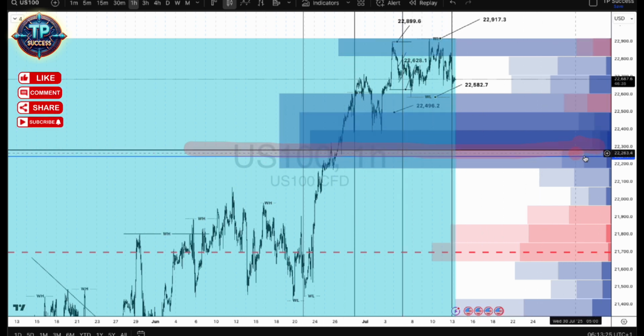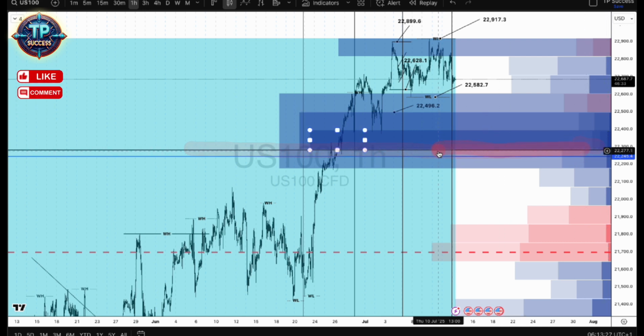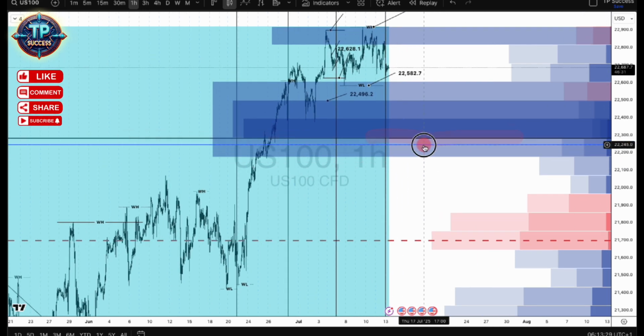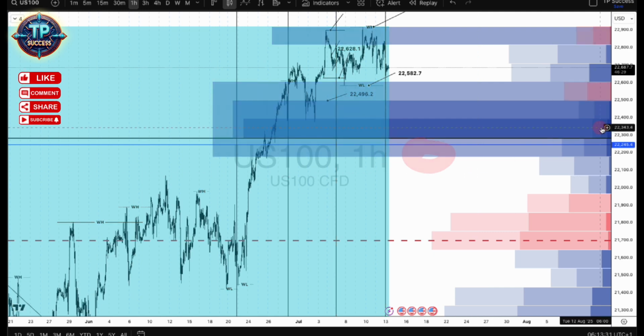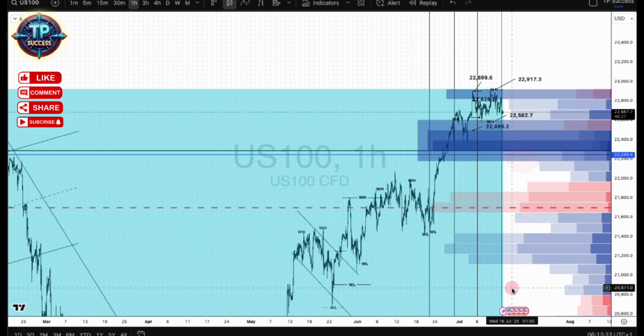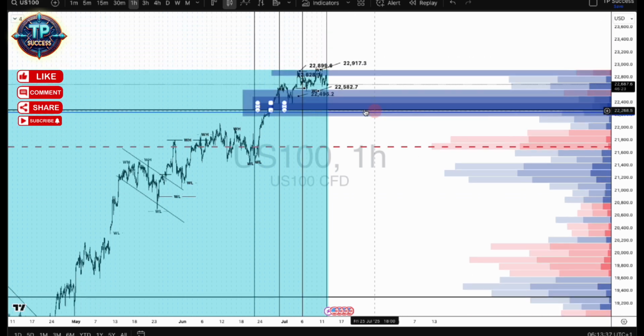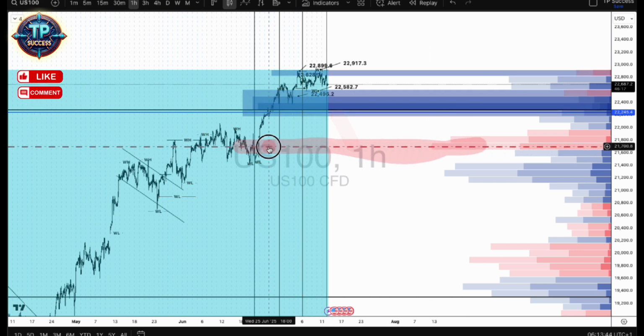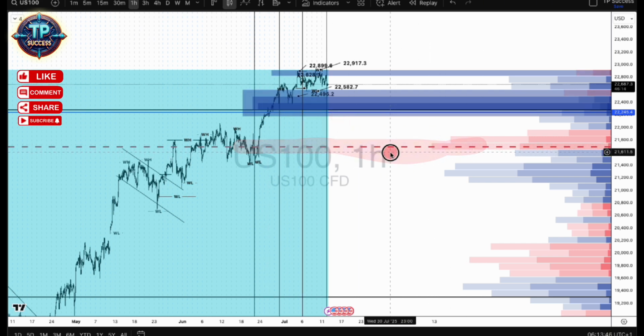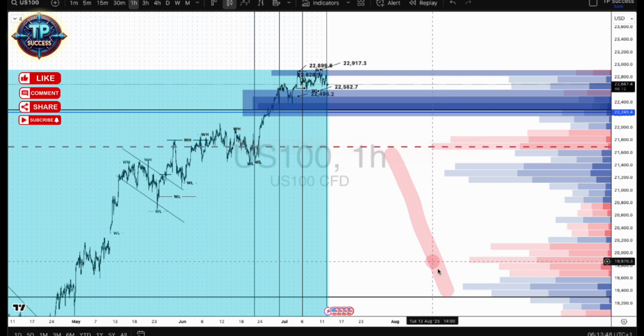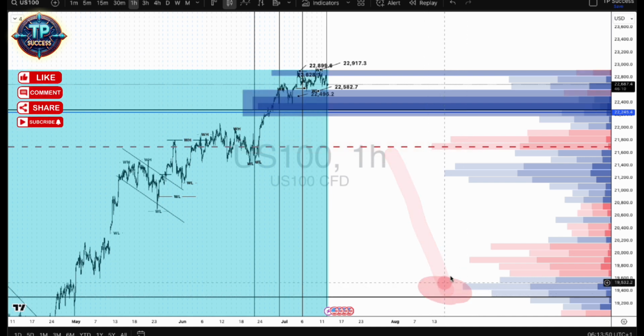This is this area right here, which means it makes sense to be taking sales from this location. Why? Because price has a high probability, okay, of making its way down to point of control right here, and then after that all the way down to this area down here.